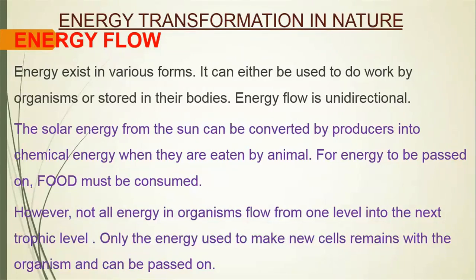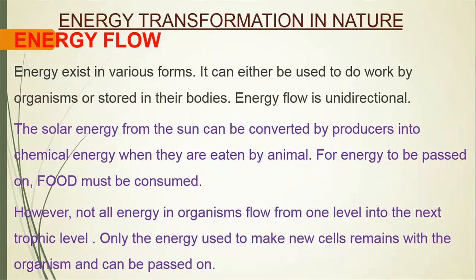However, in this topic we are going to be looking at two major forms of energy: solar energy, or the sun's energy, and chemical energy. Energy can either be used to do work by an organism or be stored in the body of an organism. Energy flow is unidirectional. It flows through just one path, or one channel.